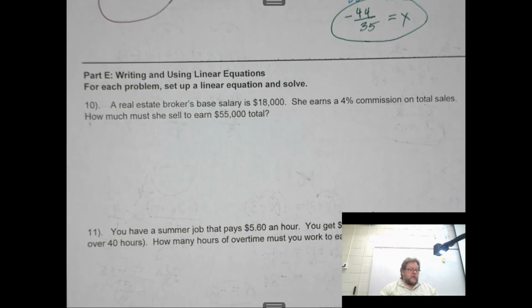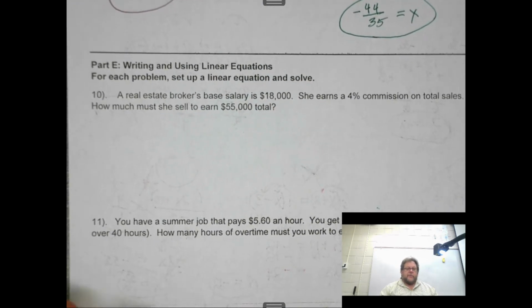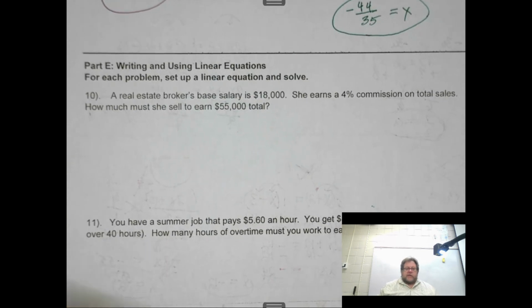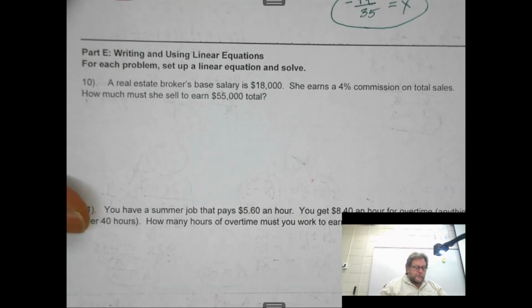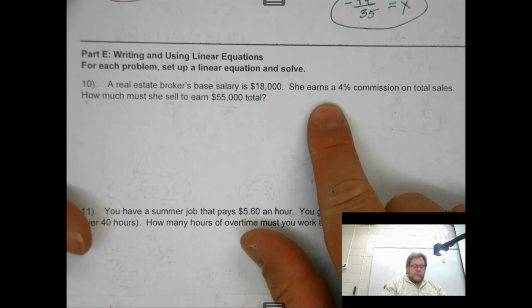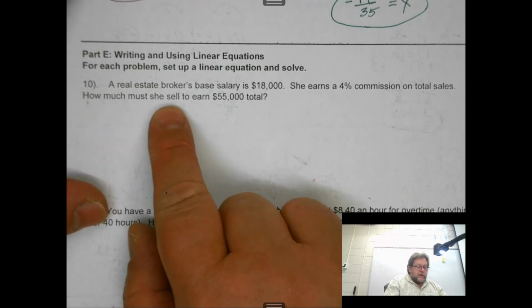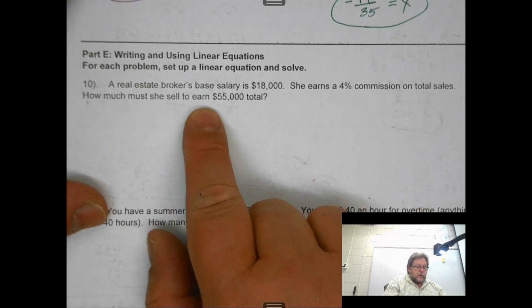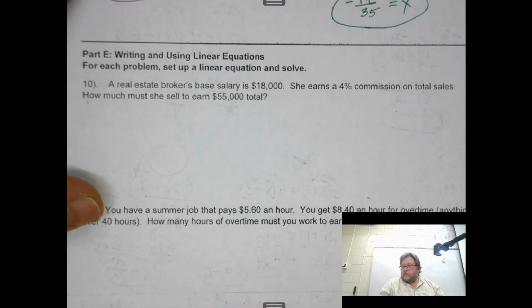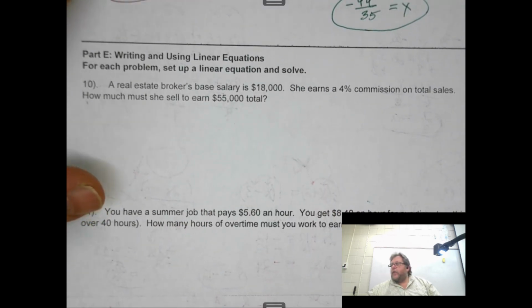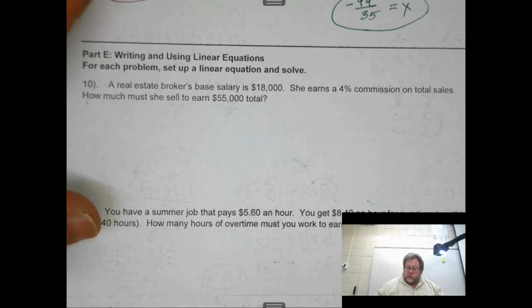Now, let's think about what the total was made up of. She gets a base salary. And we want to do this with word problems pretty much all the time because we want to do a verbal model, that's how we always figure things out in real life.